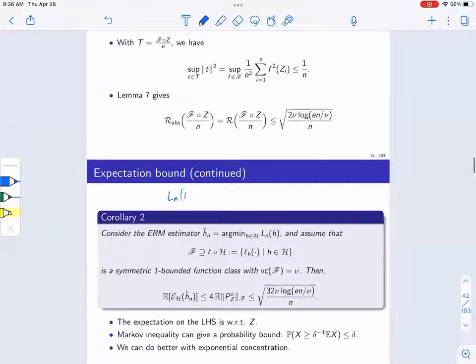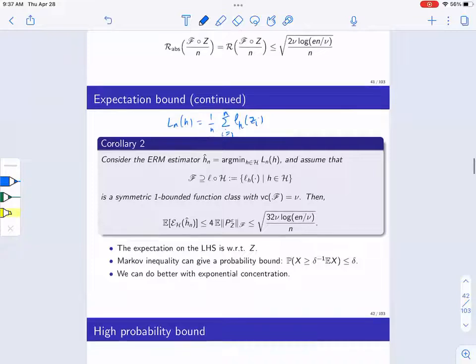L_n(h) is just 1 over n summation i from 1 to n of L(h, x_i, y_i).